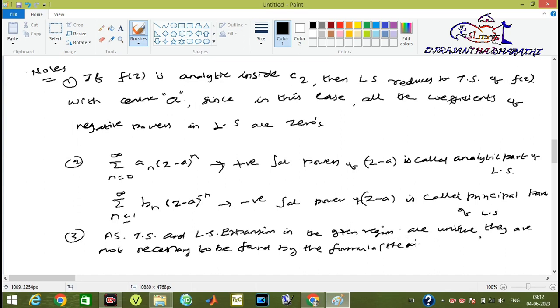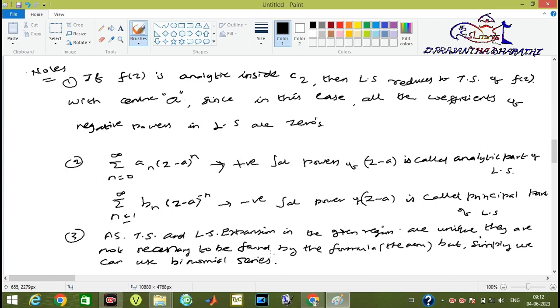So we can write it by the theorem, but simply we can use the binomial series to derive the same result.